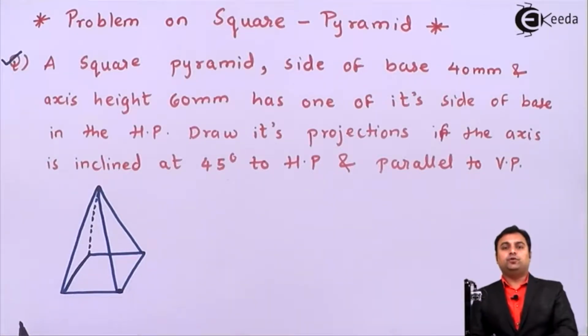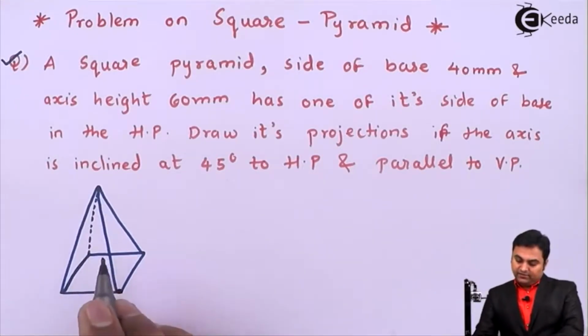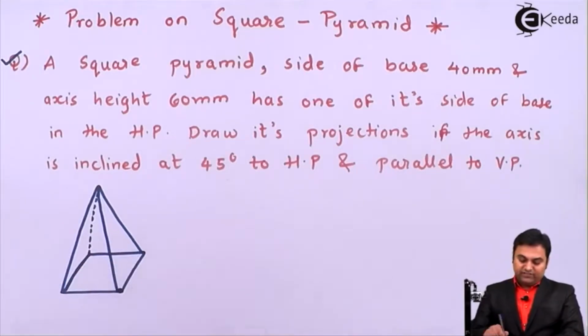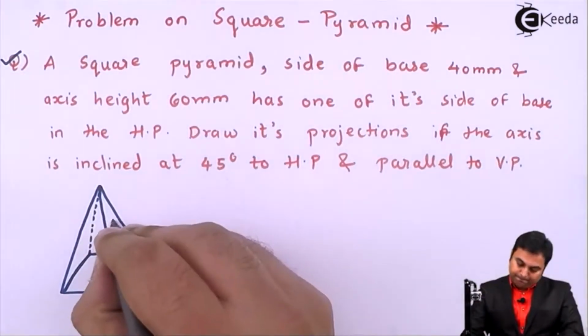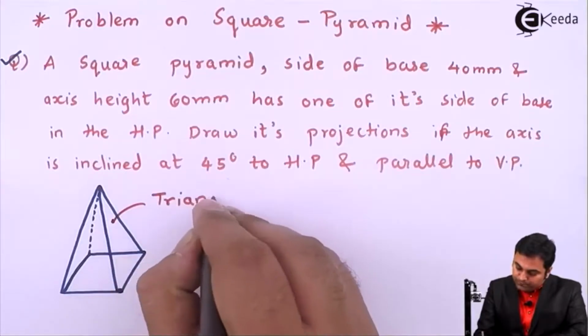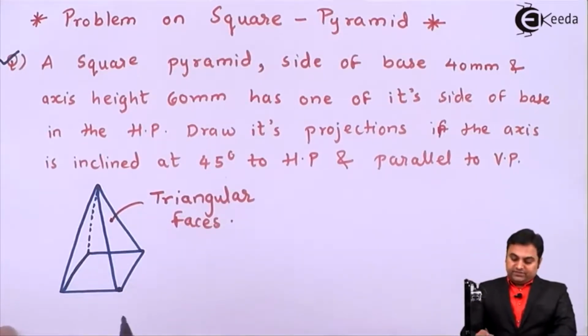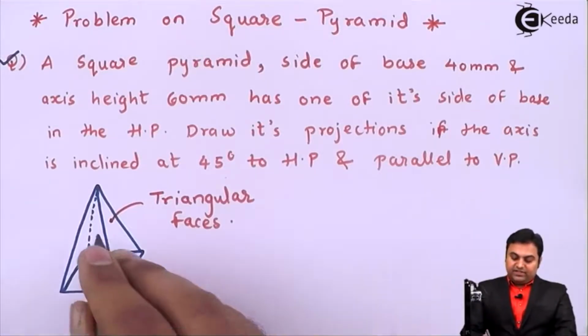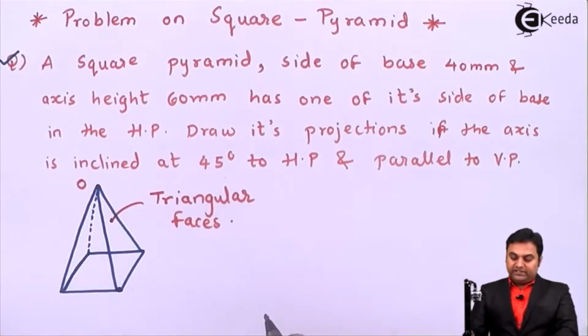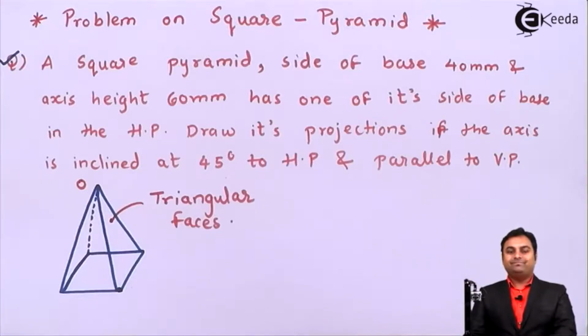It means it has four base edges and there are four triangular faces. Next, all the base edges, they are connected to a common vertex which is point O.